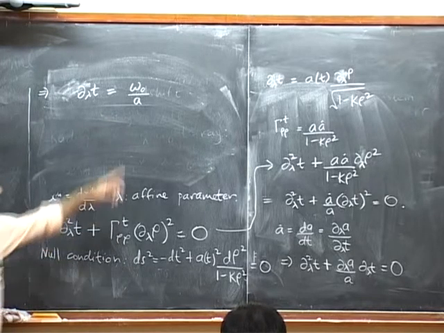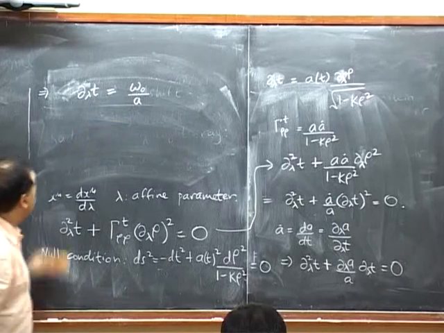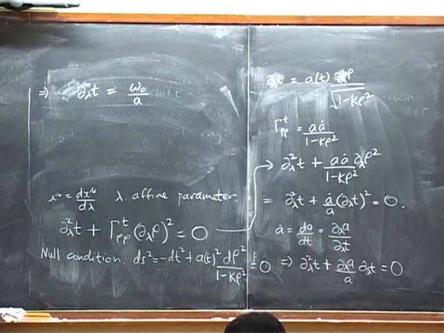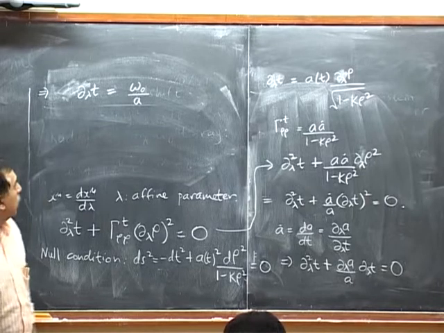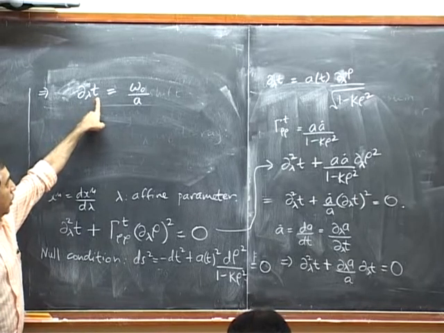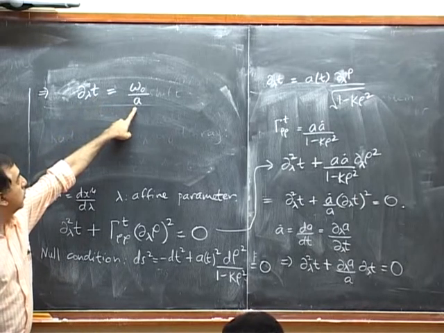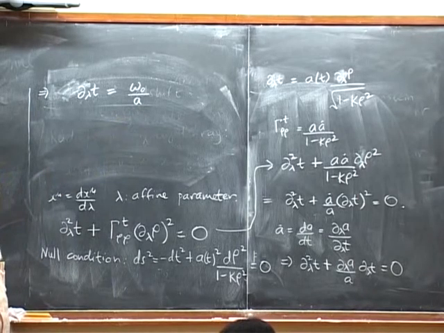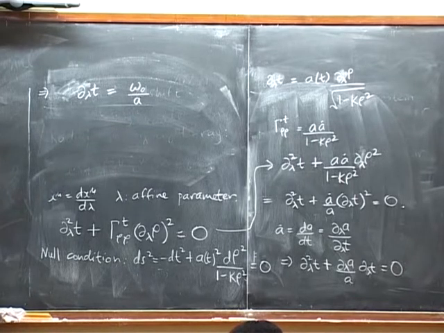So now we have to notice that omega naught is like a frequency. Maybe I should have actually called it something else. So omega naught has dimensions of a frequency because the affine parameter is dimensionless, t has dimensions of time, a is dimensionless. So something doesn't seem right. How can I get a by omega?